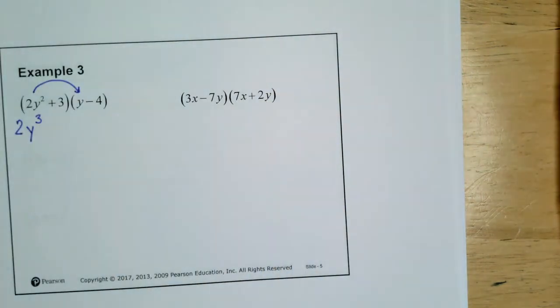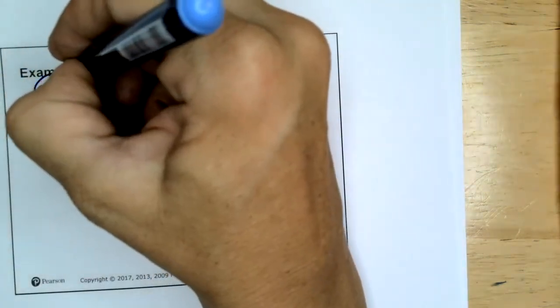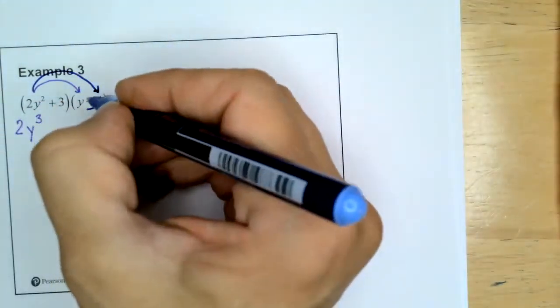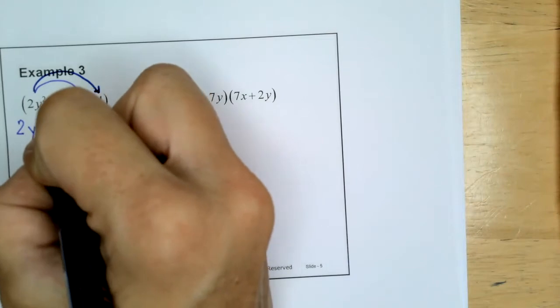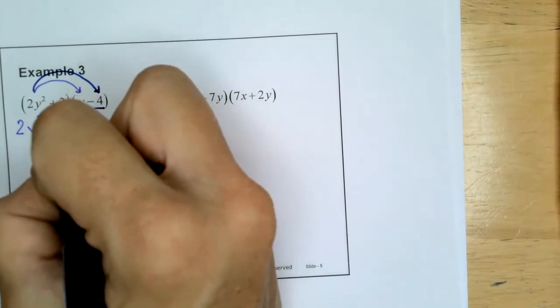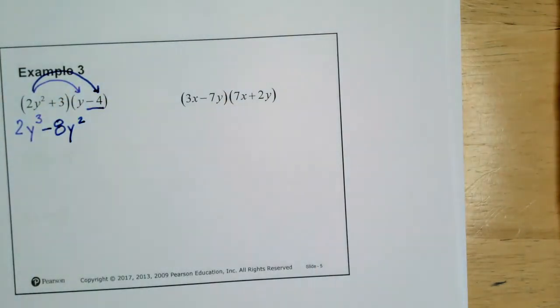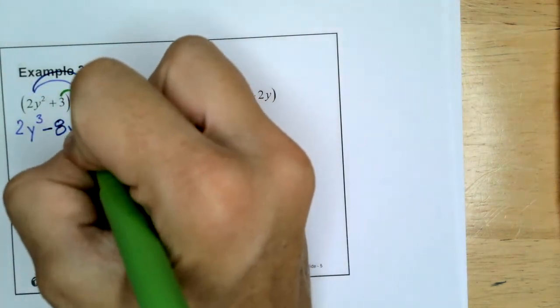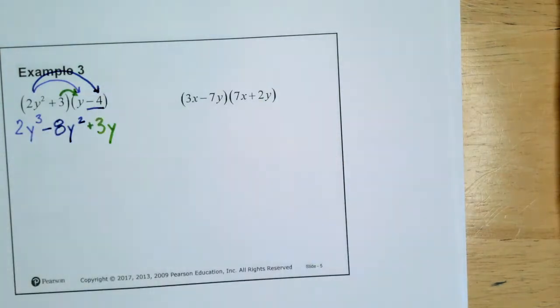Then we're going to do 2y squared times negative 4. Negative 4 times 2 is negative 8y squared. Okay. Positive 3 times y plus 3y.